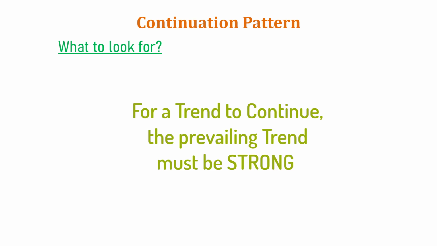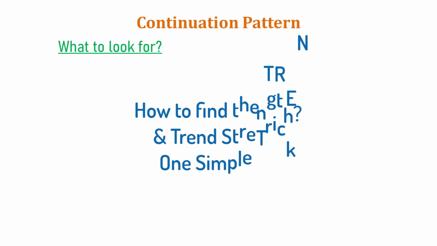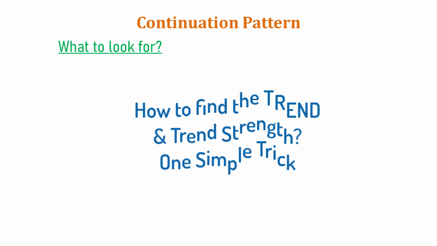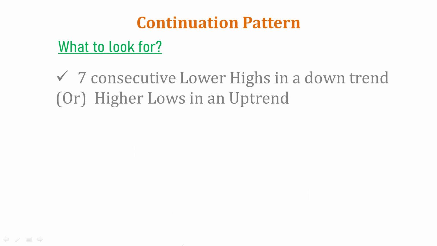Well, there are many ways to identify a trend, but here we're going to use one of the simplest methods. What we're going to do is check whether the price is continuously moving in the same direction for 7 consecutive days.